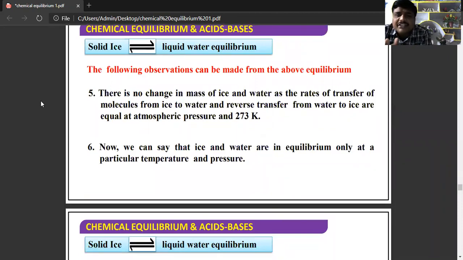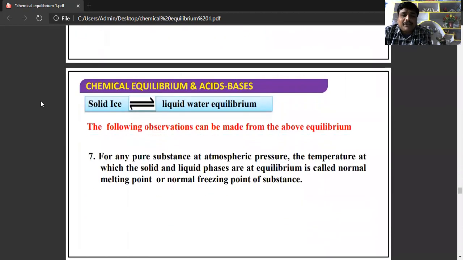So there is no change in the mass of ice and water, as the rate of transfer of molecules from ice to water and reverse transfer from water to ice are equal at atmospheric pressure at a particular temperature, that is 273 Kelvin. So we can say that ice and water are in equilibrium only at particular temperature and pressure.